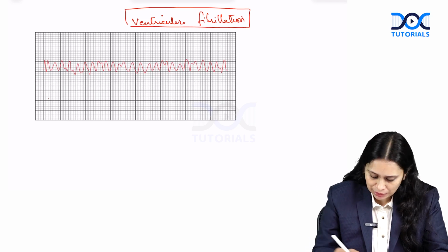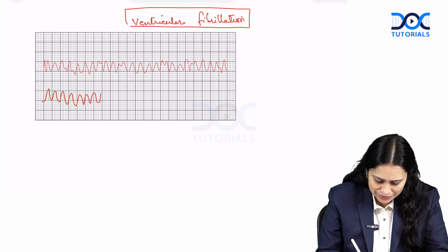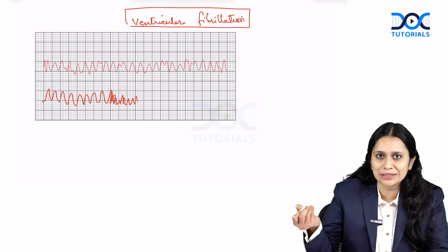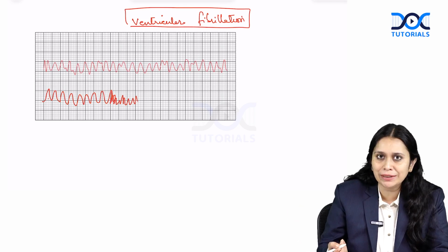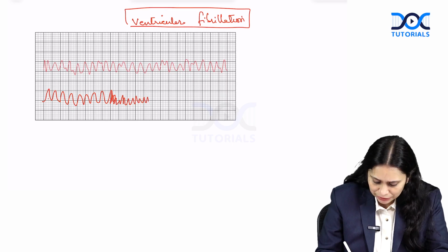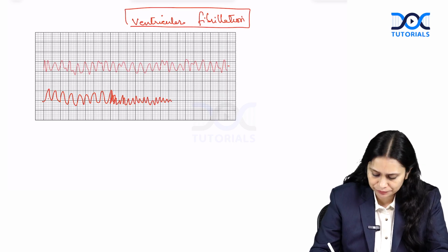This has no morphology, just some line around the baseline. Even if I am drawing it unconsciously, I'm making constant lines on the ECG strip, something like this. No morphology, nothing, right?